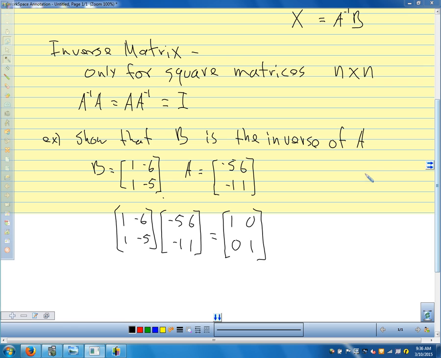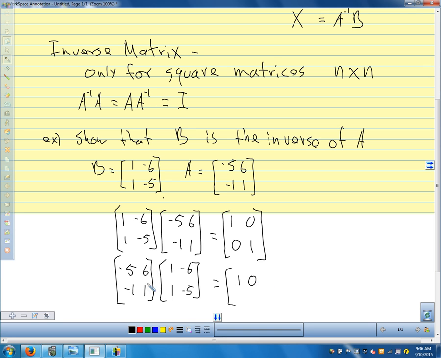And then I need to show that it works in the other order as well. So (-5, 6, -1, 1) times the other matrix. So we multiply in the opposite order. In first row, first column, I get -5 plus 6. You get 1. First row, second column, I get -30 plus 30. You get 0.